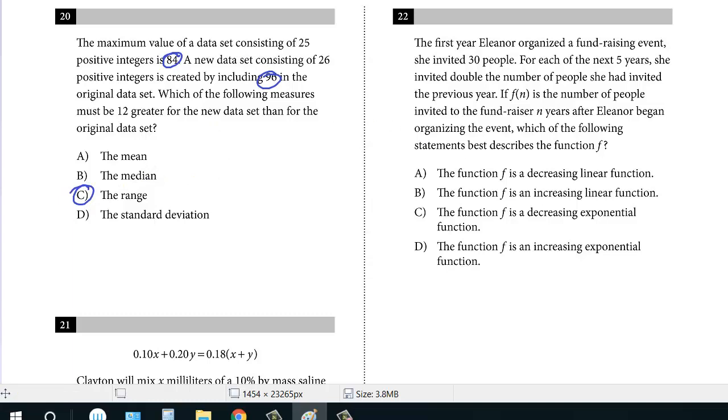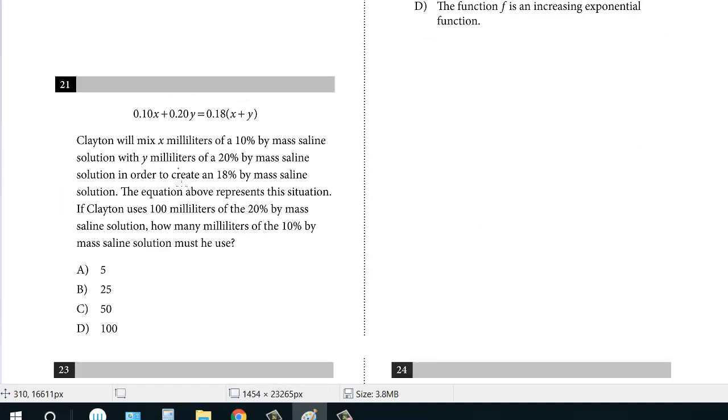All right, let's take a look at 21. Clayton will mix X milliliters of a 10% by mass saline solution with Y milliliters of a 20% by mass saline solution in order to create an 18% by mass saline solution. The equation above represents the situation if Clayton uses 100 milliliters of the 20% by mass saline solution.